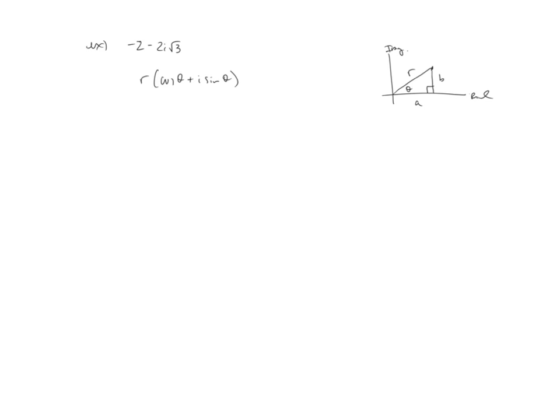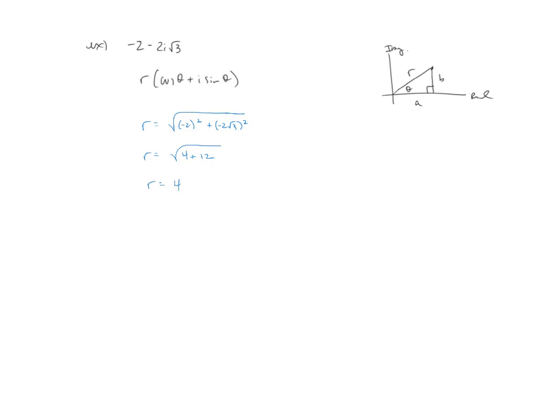So for r, we're going to get the square root of our a, negative 2 squared, plus our b, negative 2 root 3 squared, which would be 4 plus 4 times 3 is 12, so it looks like the square root of 16 would be 4.